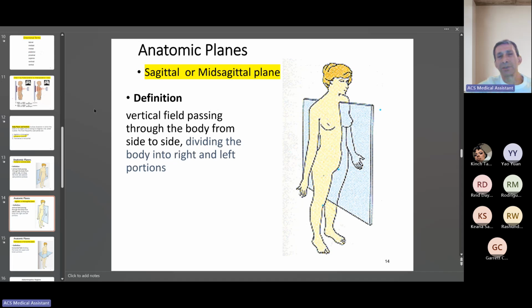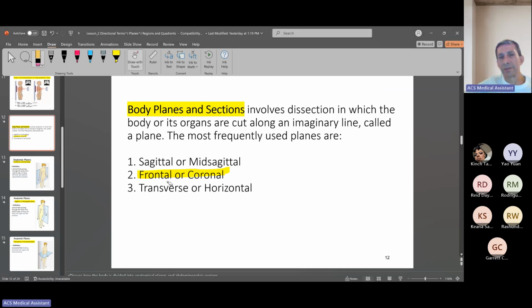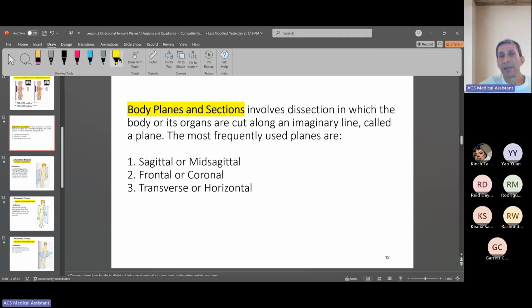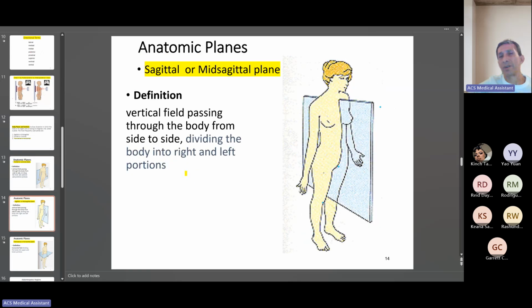Let's move on to the third one. Transverse or horizontal. Now you see that these planes are totally, completely different. The body is divided, but it's divided in a different fashion. So let's go to the transverse.